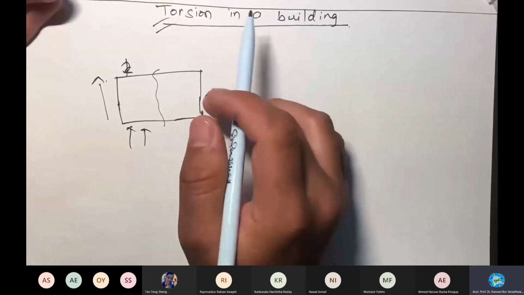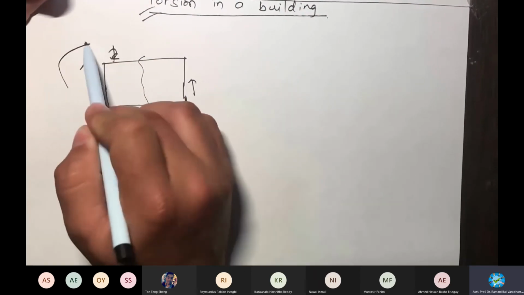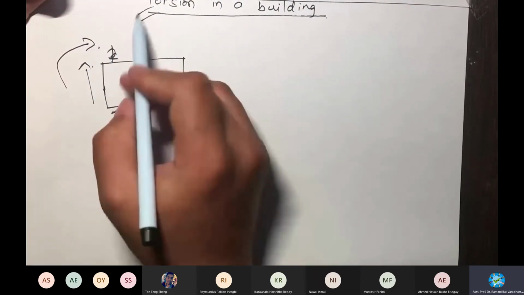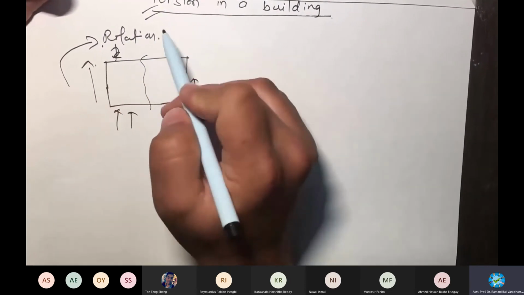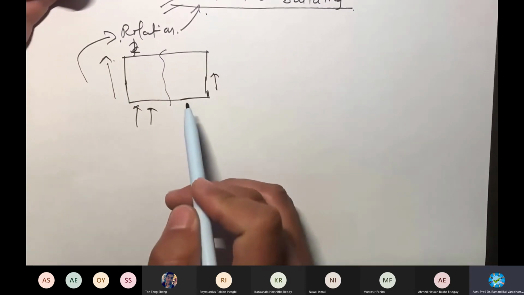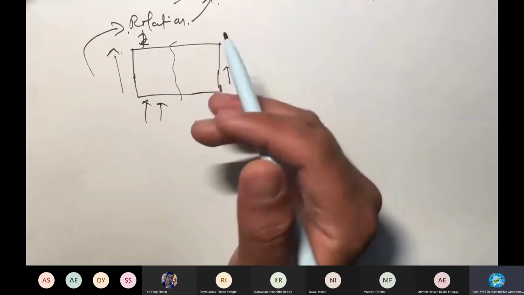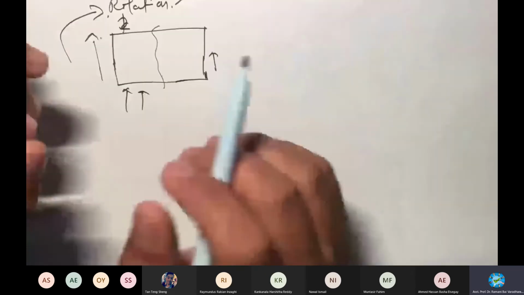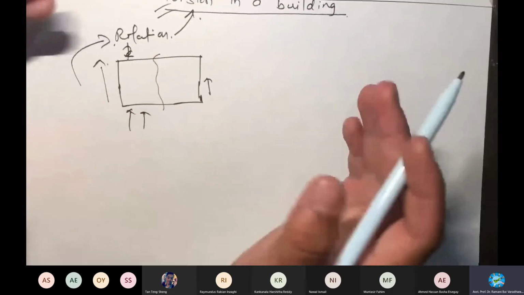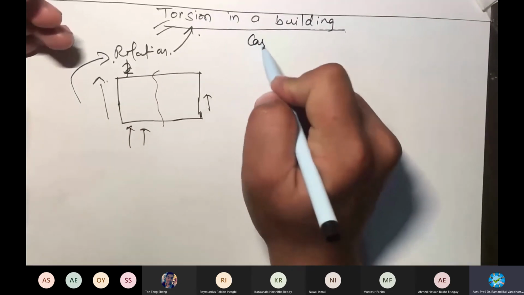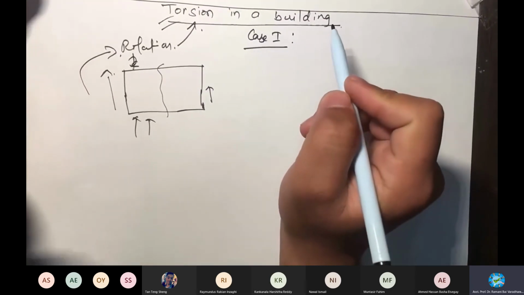Okay, so let us just assume it. And so in that case, what happens is that this building undergoes a rotation. All right, so this rotation of the building we call as the torsion. So simply, the torsion in a building is the rotation of the building due to unequal displacement of the parts of the building. All right, so there are different cases in which this torsion can happen in a building. So the case one is, let's say, the first case when a building can undergo torsion.